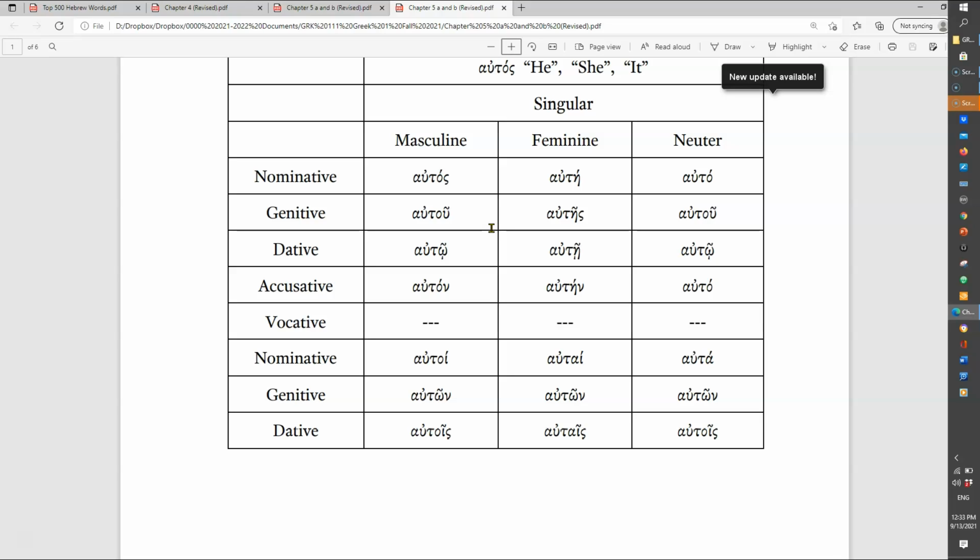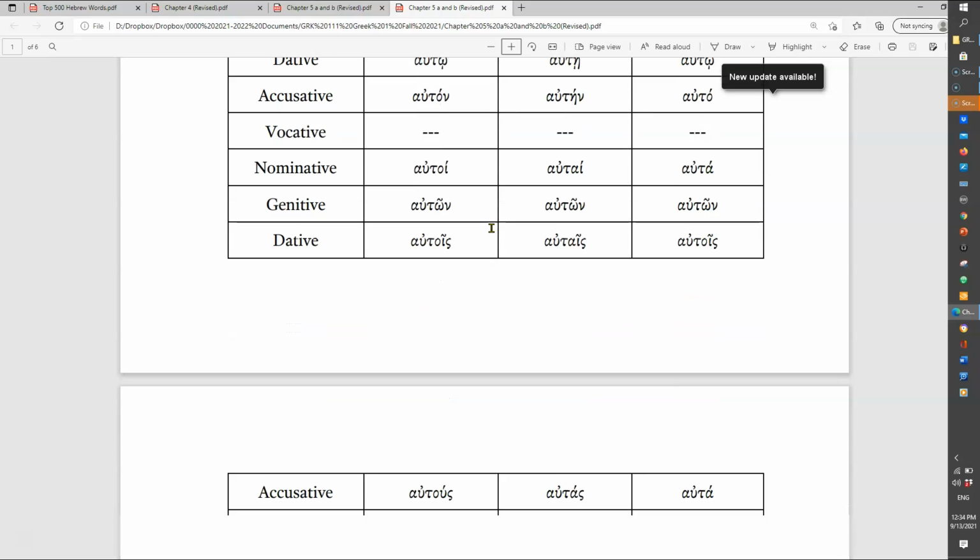Okay, that's true, because if we do that, then we've got this already, right? And it works the other way. If we don't have that one down, if we memorize this one, it's going to give us that one. So this is he, she, or it. On the midterm, I'm going to put autos, and you write this out. And that's like 24 points, right? But it's the same exact endings as other charts.